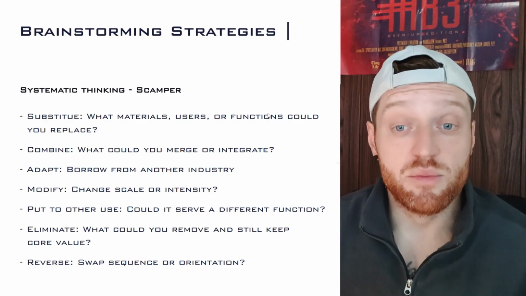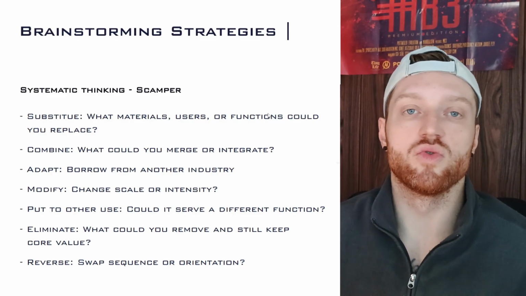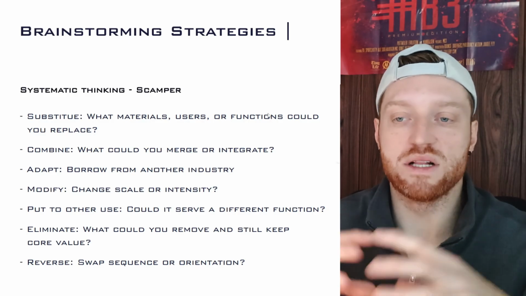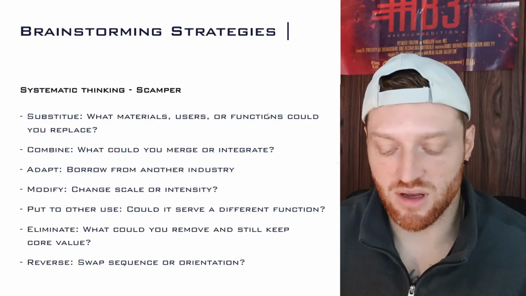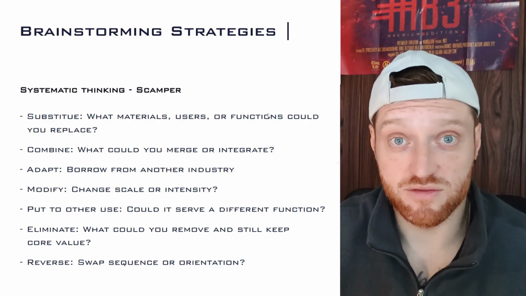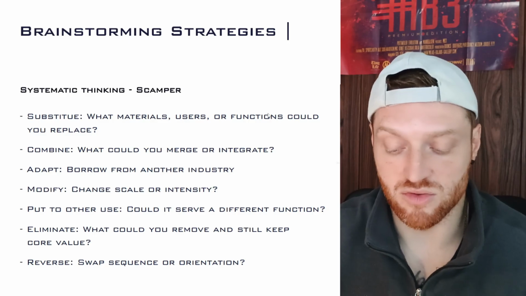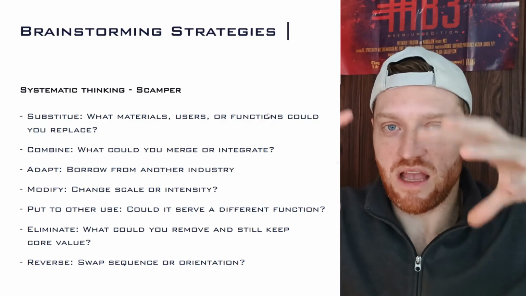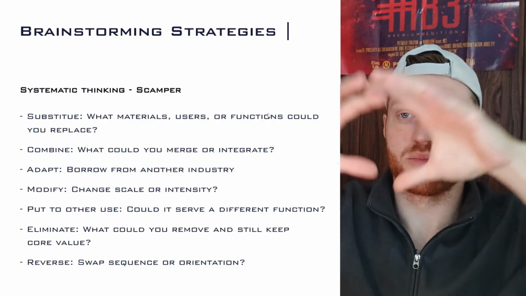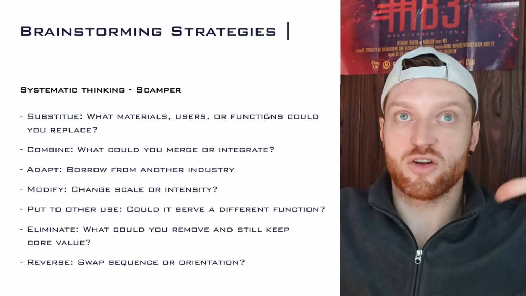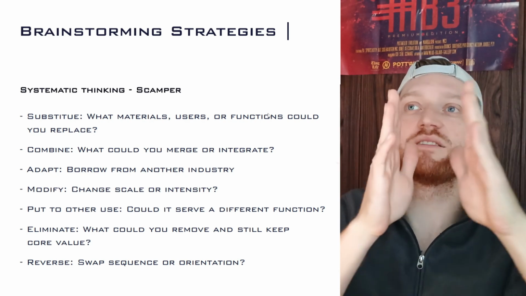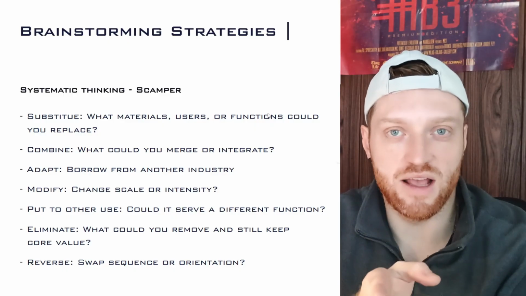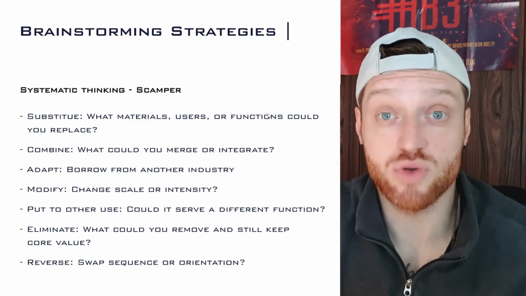The E stands for eliminate. Is there anything that you can remove while still maintaining the core value, right? I really like this part of the SCAMPER method. I use it many times because at the beginning I'm trying to pack everything into one idea, and it becomes a complex thing that is a little bit further away from the main original core that it was supposed to have.